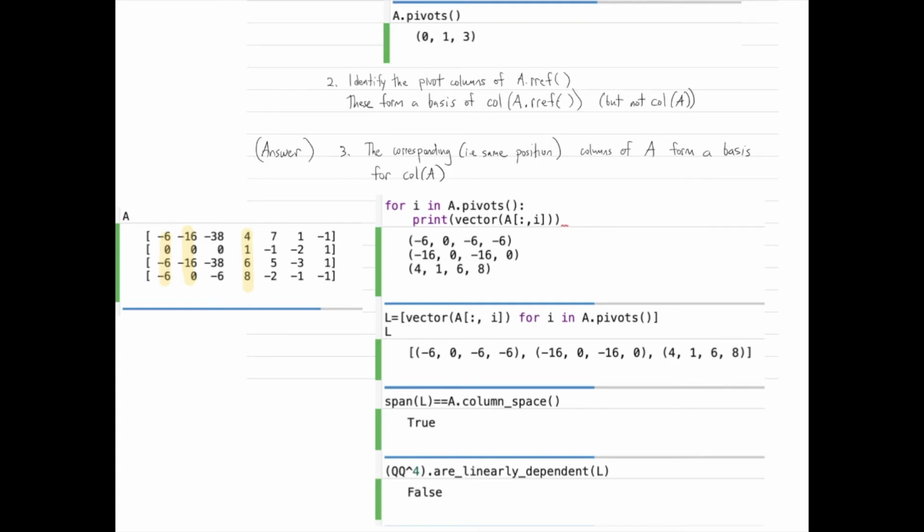And the reason is the theorem we proved on the previous slide, that the linear independence of columns of a matrix is not changed by doing elementary row operations.